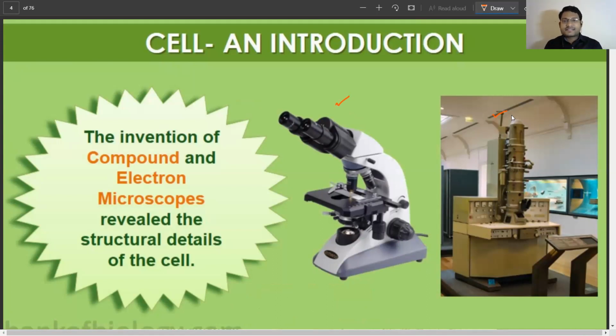With this advancement in the field of microscopy, scientists were able to see inside the cell in a more detailed fashion, and more features of the cell could be studied. So our understanding today is based on all of the different research that has been done throughout the years.